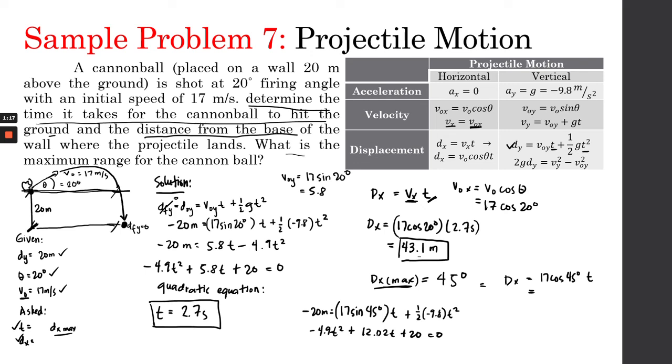Again, using the quadratic equation, you can find that the time is actually 3.6 seconds. Now that we know the time, we can substitute: 17 cosine 45 degrees multiplied by 3.6 seconds. So your maximum displacement is 43.3 meters.